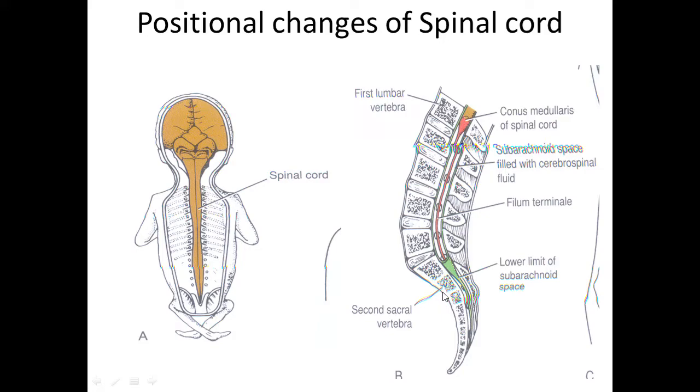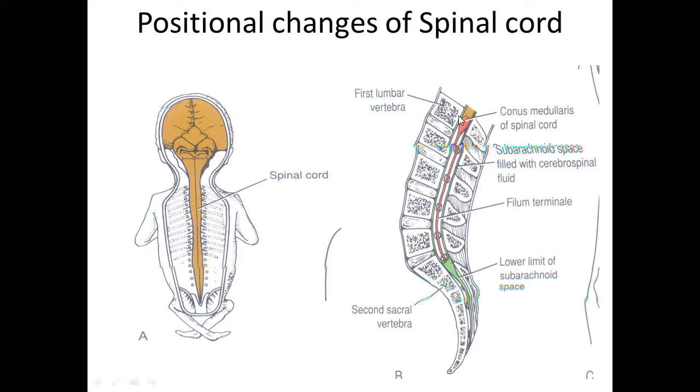At birth, the spinal cord ends at the lower border of the L3 vertebra, and in adults it lies at the lower border of the L1 vertebra or the intervertebral disc between L1 and L2.